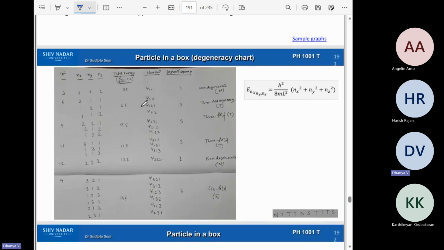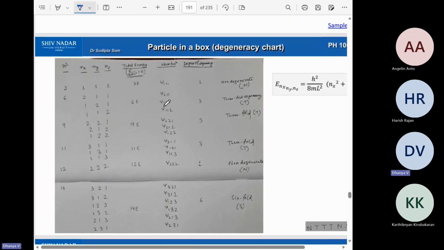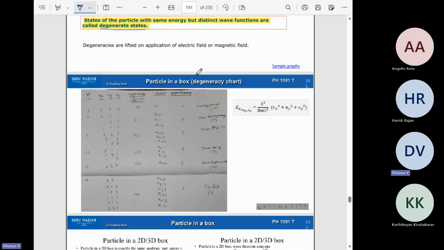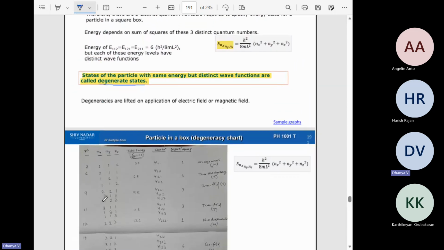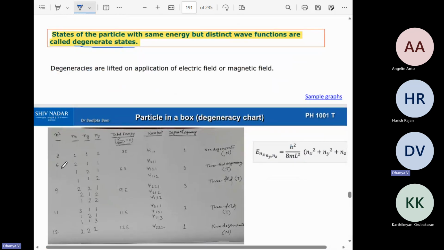Okay, so particle in a box, the degenerate states. If you start from here, if nx, ny, and nz are 1, 1, 1 each, then if you substitute in this formula, it's 1 square plus 1 square plus 1 square, which is 3. So 3 h square by 8ml square. Okay, like that you can go on. But if you see here, if it has to sum up to 6, there are 3 cases that you can take: 2, 1, 1; 1, 2, 1; 1, 1, 2.